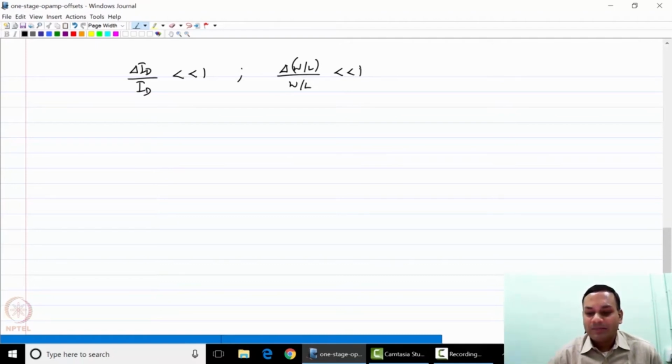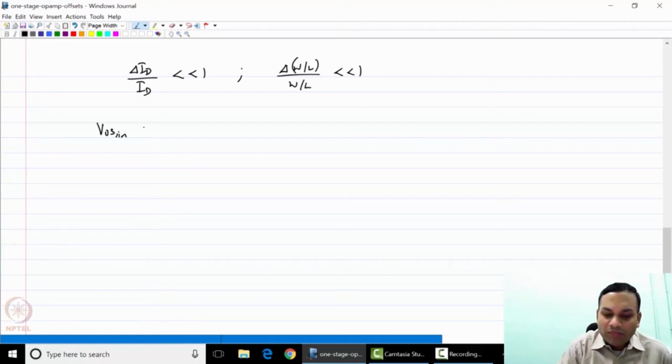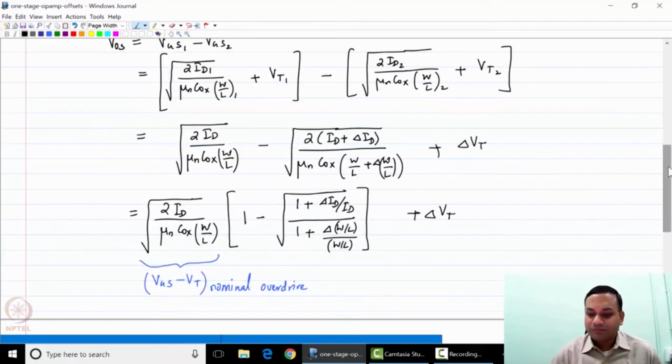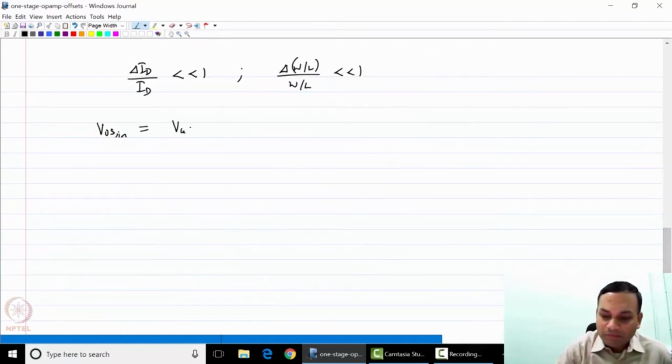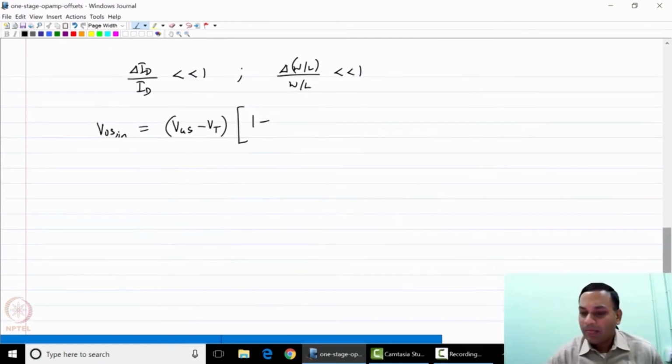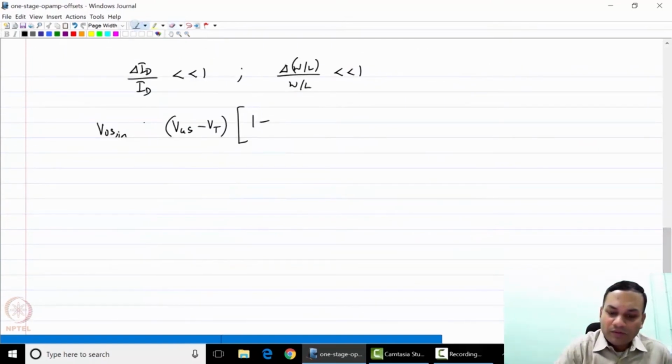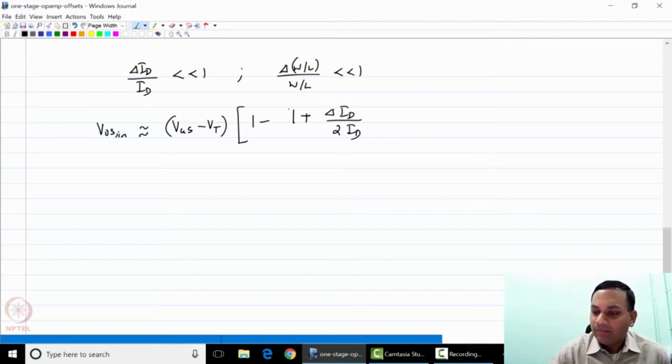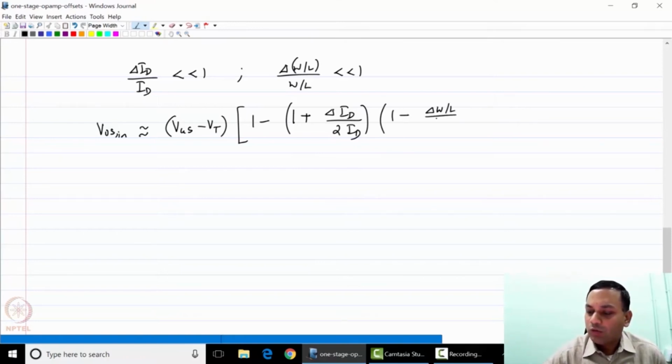So we will make these two assumptions, and once you do this, you can see that the expression for the input offset becomes VGS minus VT times 1 minus, so root of 1 plus delta ID over ID becomes 1 plus delta ID over 2ID, into 1 minus delta W over L over 2 W over L.